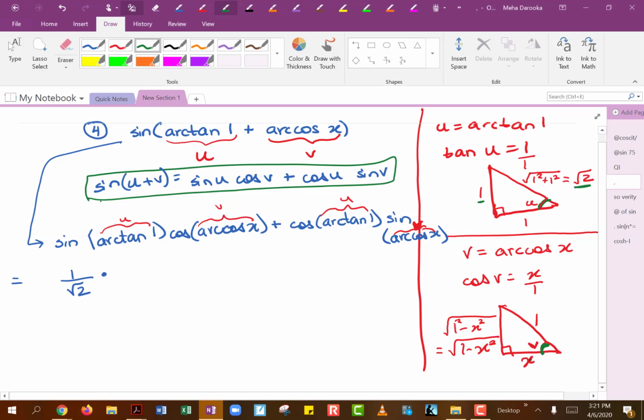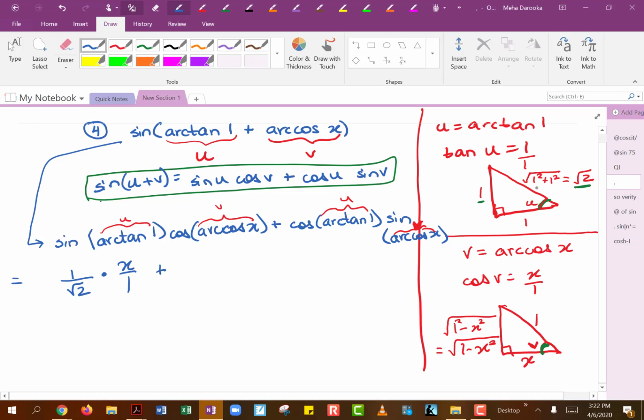So adjacent would be x, hypotenuse would be 1. Then your missing side, of course, would be the 1 minus x squared, the whole thing under a square root. Okay.